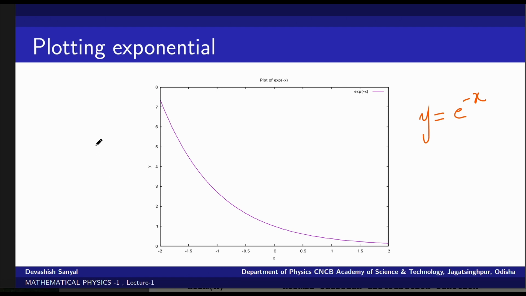So this is my y axis and this is my x axis.